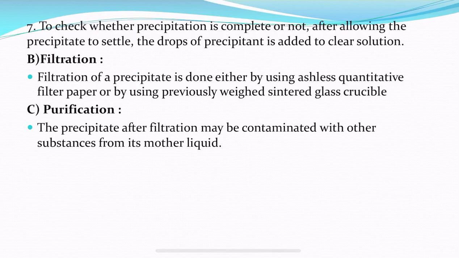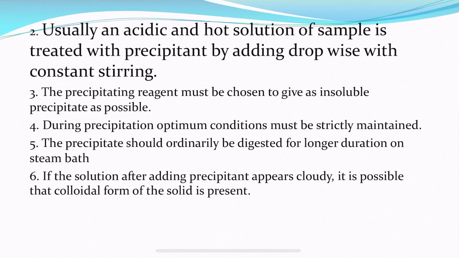The precipitate should ordinarily be digested for longer duration. So, that is what I told, it should be digested for longer time, and during digestion small particles deposit on the larger particles forming a regular crystal shape with least surface. Okay. So, the precipitates, if you see it at a molecular level, or if the precipitation is forming, that means there is the formation of crystals. Okay.